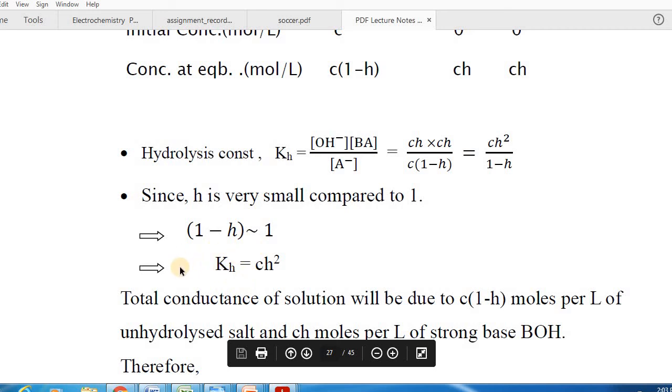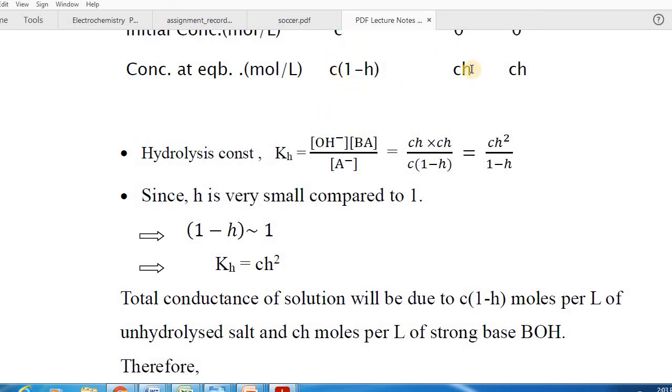Now, the total conductance of the solution will be due to C into 1 minus h moles per liter of unhydrolyzed salt and Ch moles per liter of strong base. The remaining Ch moles of weak acid will not contribute much to the total conductance, so we neglect this. We consider that the total conductance of the solution is due to C into 1 minus h moles of unhydrolyzed salt and Ch moles of strong base.